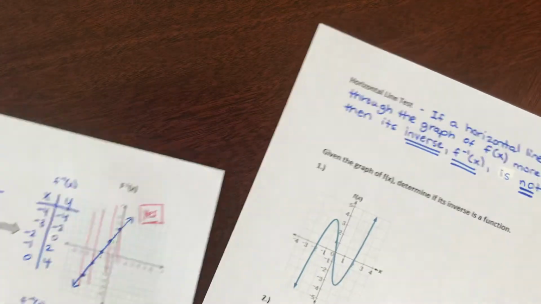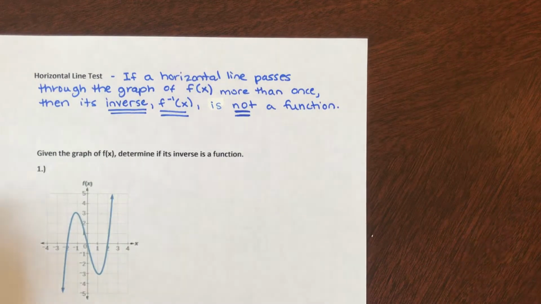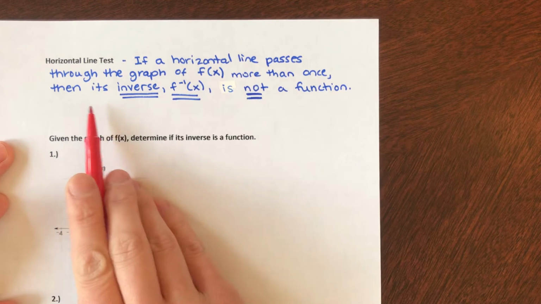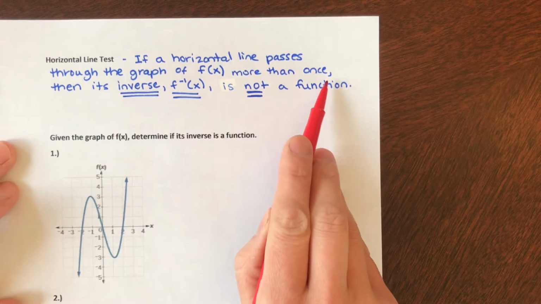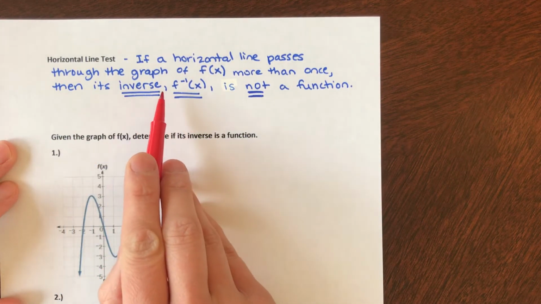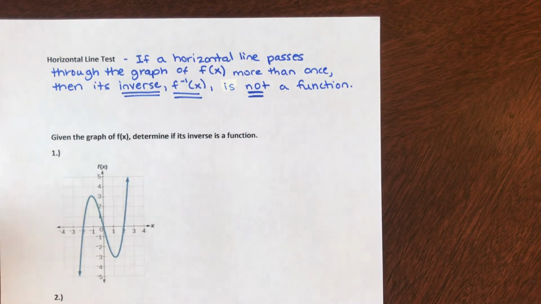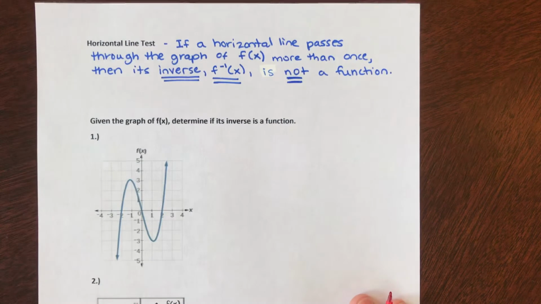The horizontal line test says if a horizontal line passes through the graph of f of x more than once, then its inverse, f inverse of x, is not a function, right? Because when you graph an inverse, the graph just flips. It's reflected about the line y equals x. It pretty much flips on its side. So instead of regraphing everything, just flip the vertical line to use a horizontal line to do the test.